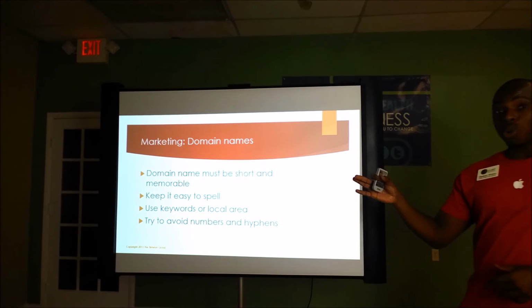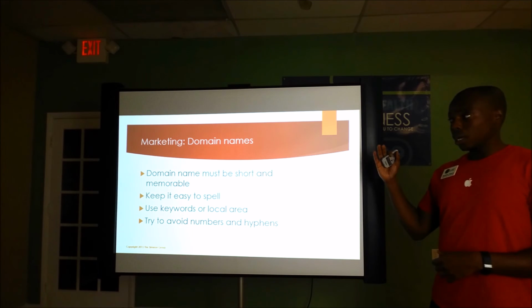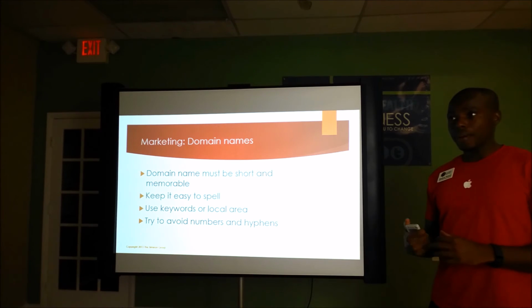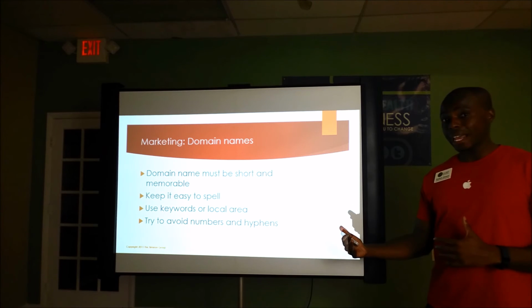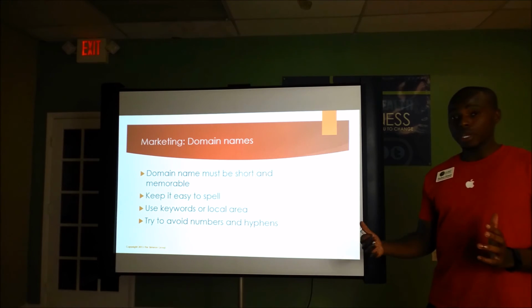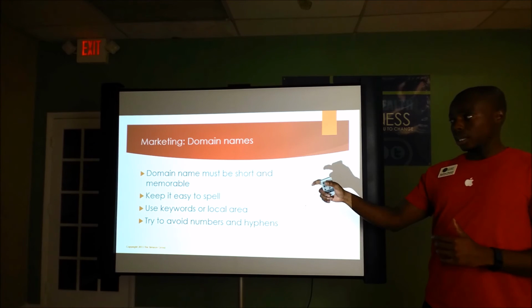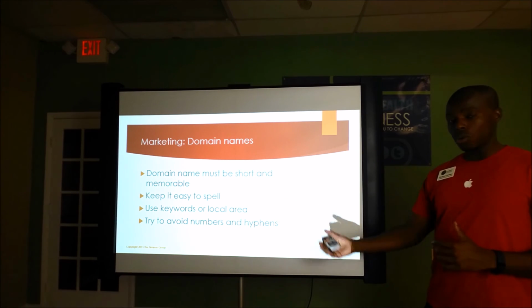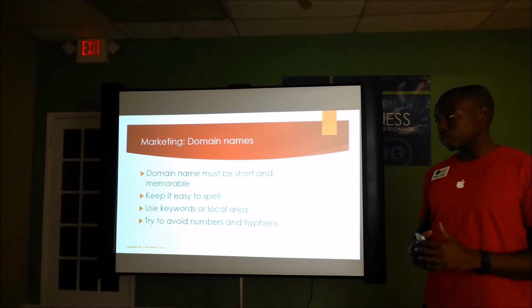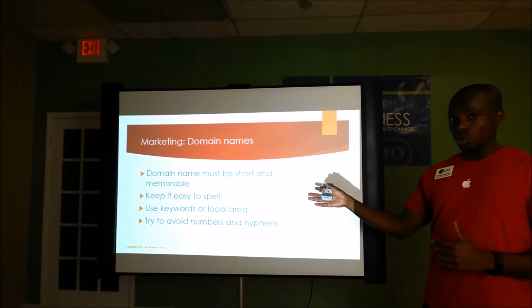When you're choosing a domain name, you want to make sure that it's short but memorable. Keep it easy to spell. My whole first name is Vladimir. This may be difficult for people to spell, so I just leave it as Glad. And my new website is Coach Glad, which has a keyword of coaching and different things that we're going to do with our next company. You can also use your local area.